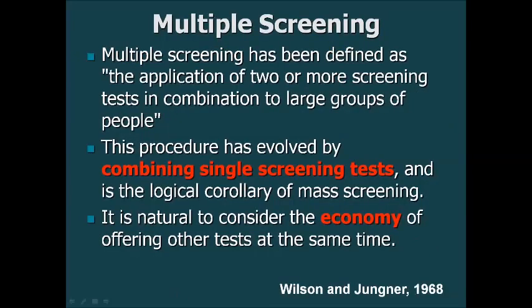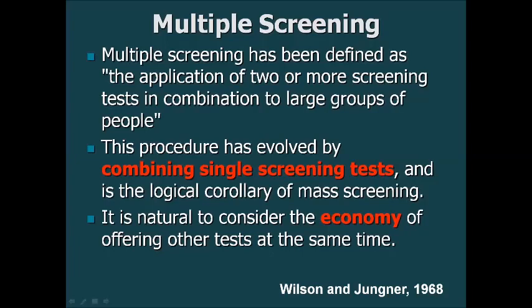Well, we also took away from Wilson and Jungner in the 1960s that multiple screening has been defined as the application of two or more screening tests in combination to large groups of people. The procedure has evolved by combining single screening tests, and it's the logical corollary of mass screening, not only bringing in large numbers of patients at one time and screening for a single condition, but when you have this large number of patients that you're trying to apply screening tests to, applying the greatest number possible.